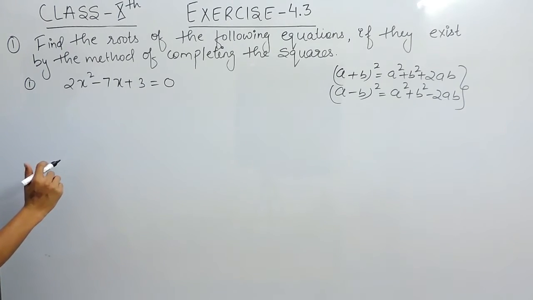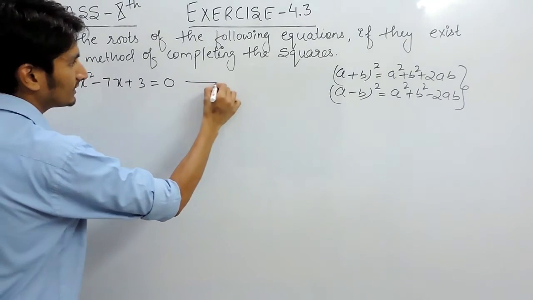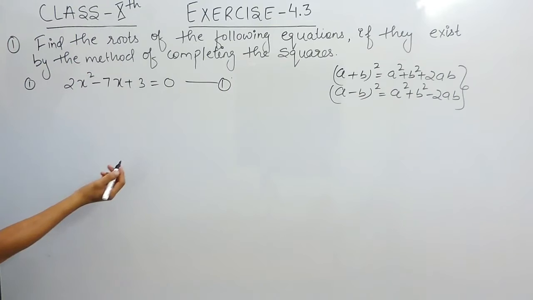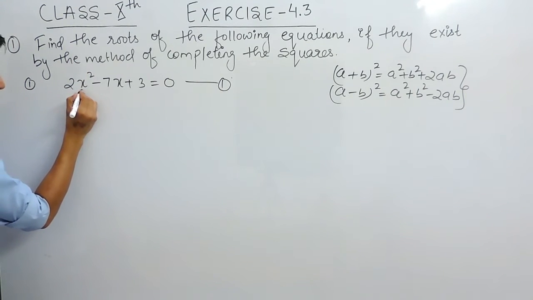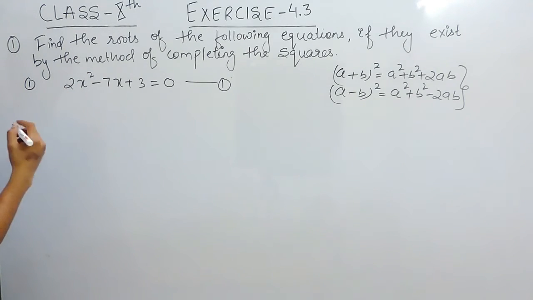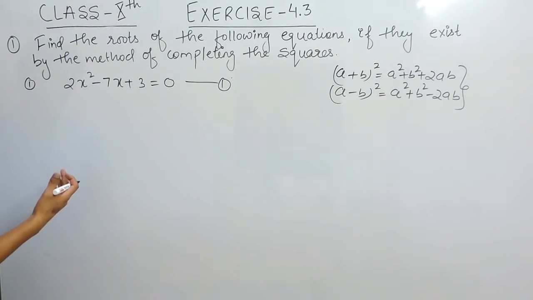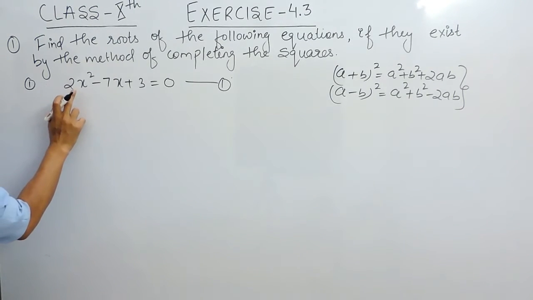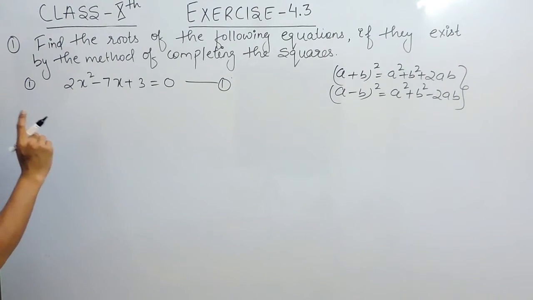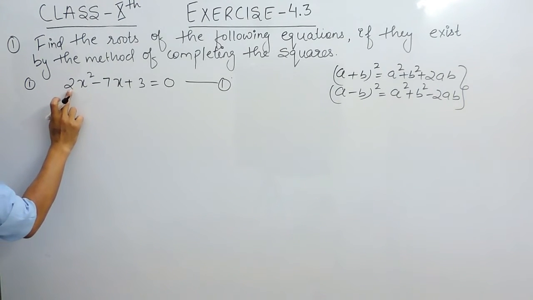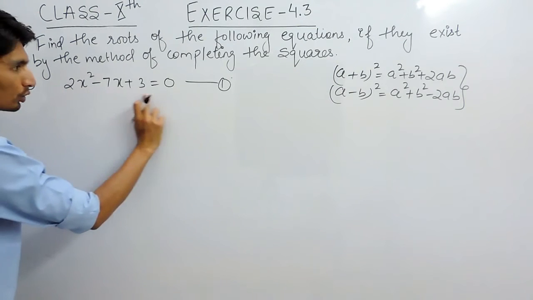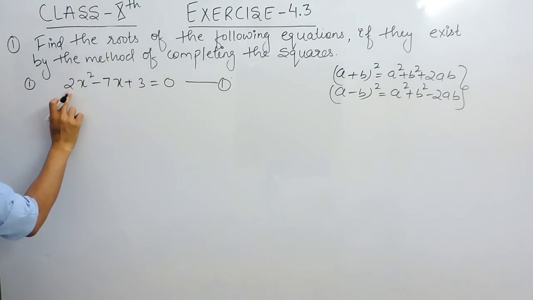Now, first of all, you have to divide this whole equation by 2 so that the coefficient of x square remains 1. Always keep the coefficient of x square as 1. Whatever the coefficient of x square is, divide the whole equation by that constant.